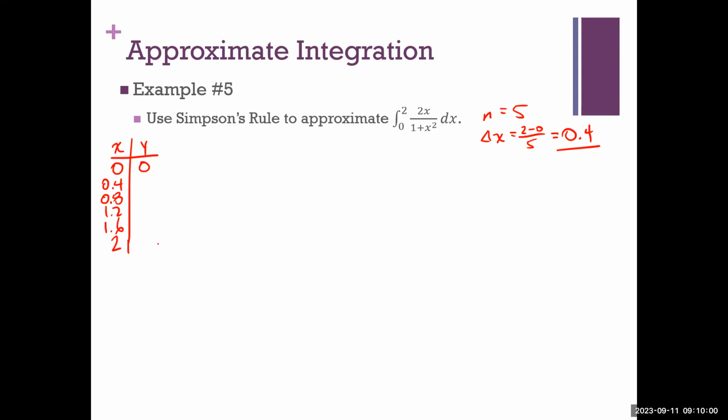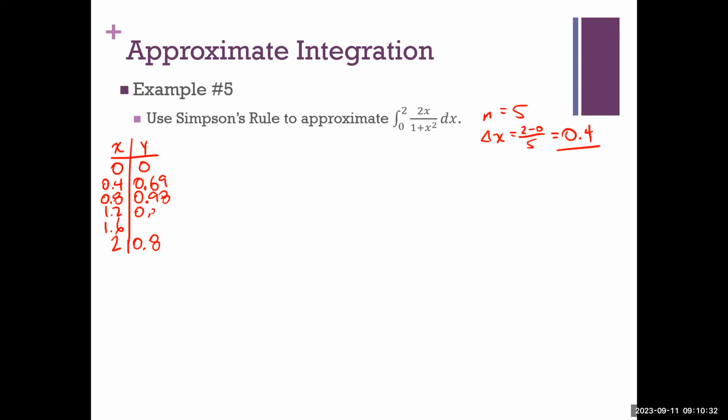If someone can calculate some of the others, that'd be great. 0.69? Okay. 0.89?